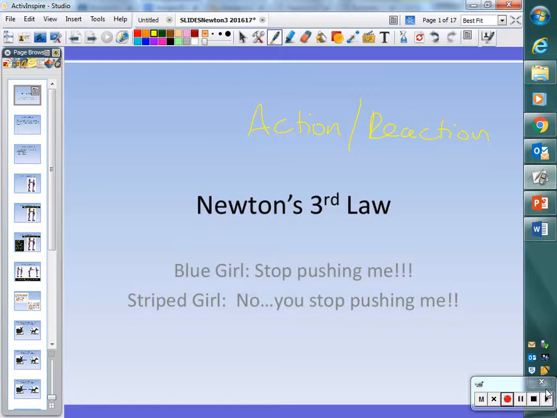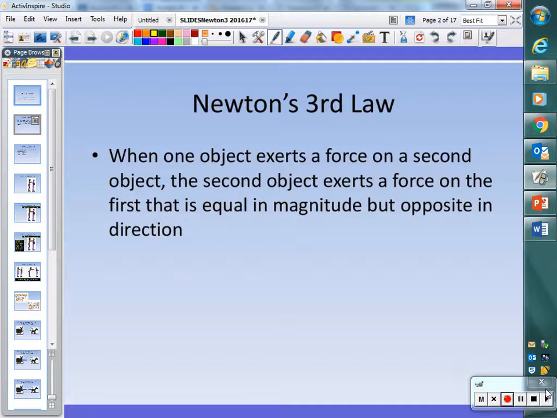So, let's talk about Newton's third law, and it states, when one object exerts a force on a second object, the second object exerts a force on the first that is equal in magnitude but opposite in direction.